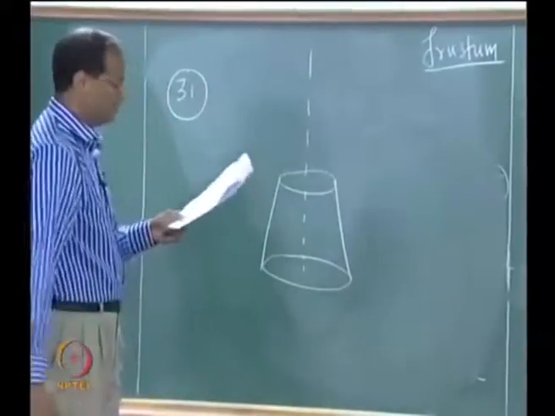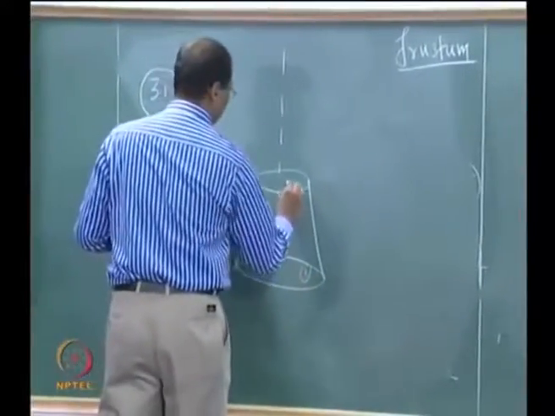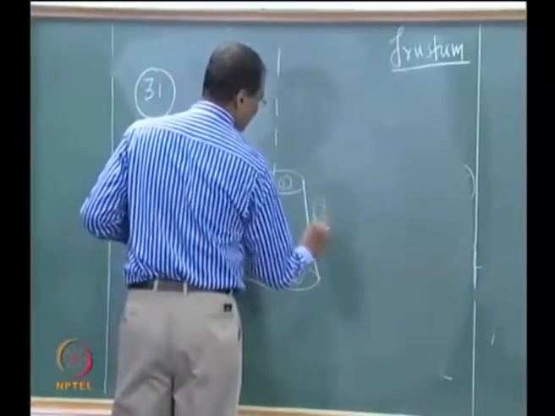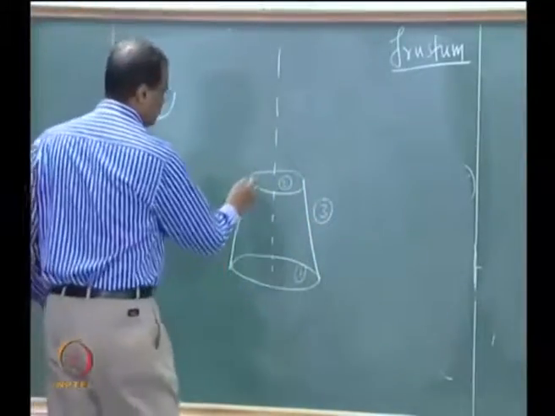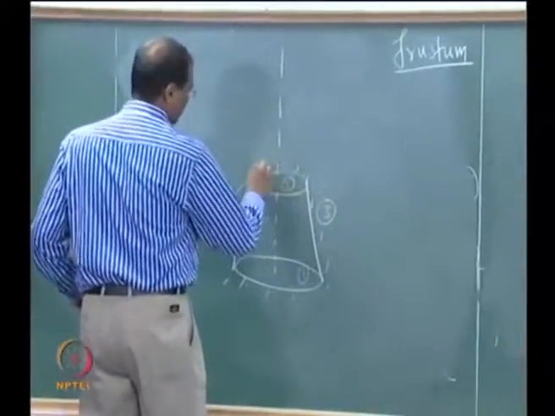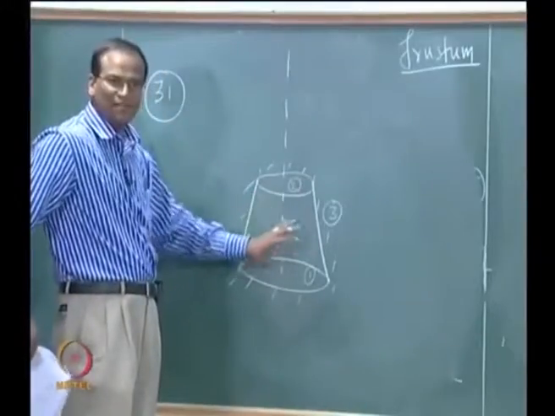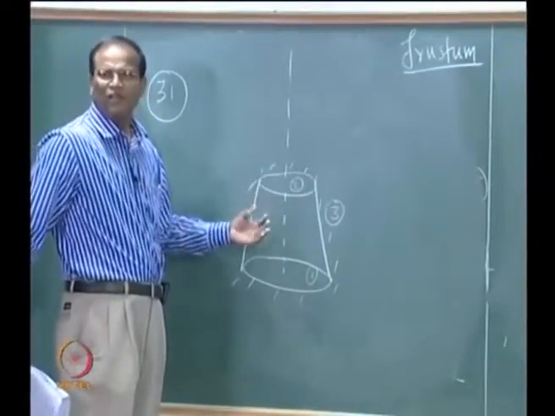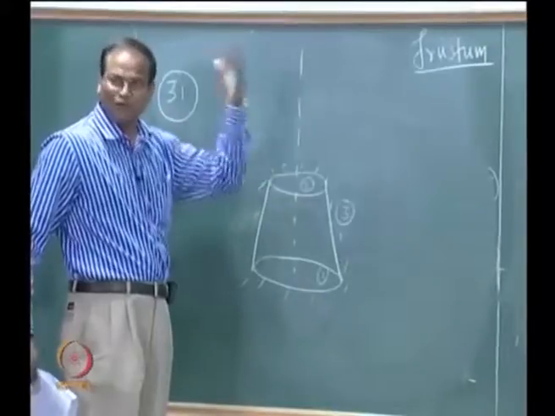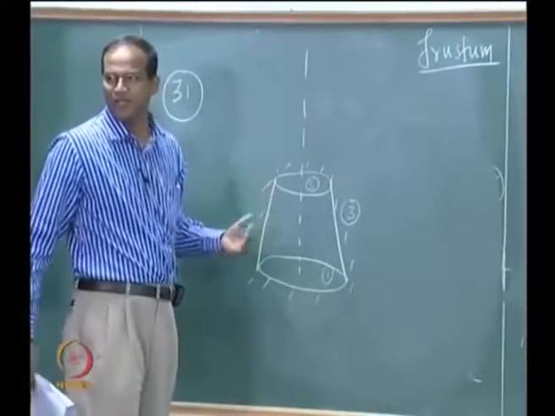So this is the enclosure, this is surface 1, this is surface 2, this is surface 3. Outside there is no activity, the whole thing is hollow, so radiation is taking place inside. Let us not worry about the emissivity and temperature, that will follow after we learn the radiosity and irradiation method of enclosure analysis.